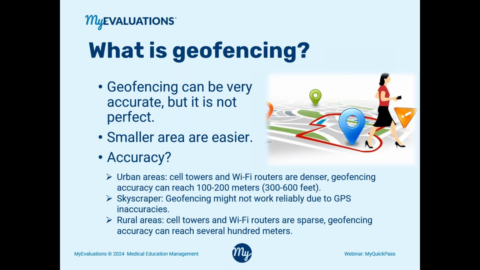So it's important that you understand that geofencing and MyQuickPass is not meant to be an instant notification to you that you have now instantly left that location. Now I have the MyQuickPass set up on my phone just because I like to see how the technology is working on a day-to-day basis. And pretty much as soon as I pull up to the building where my office is, it immediately notifies me that I'm there.